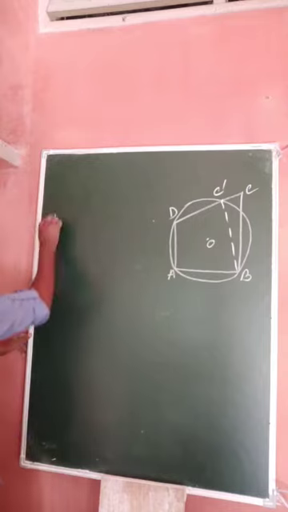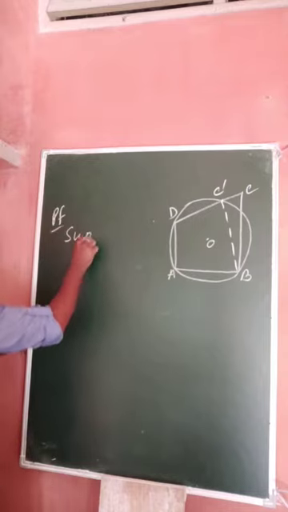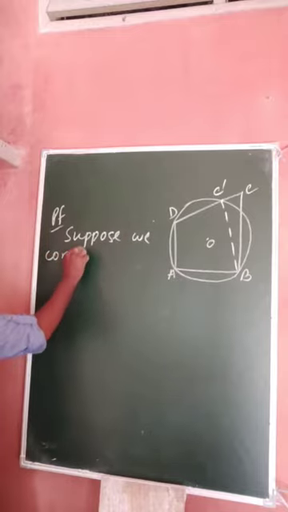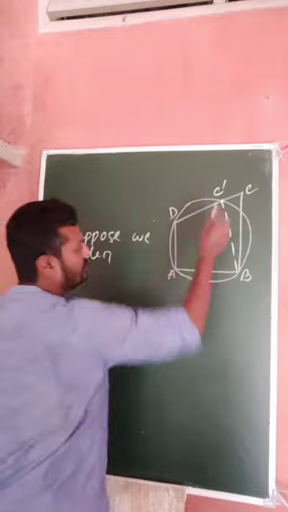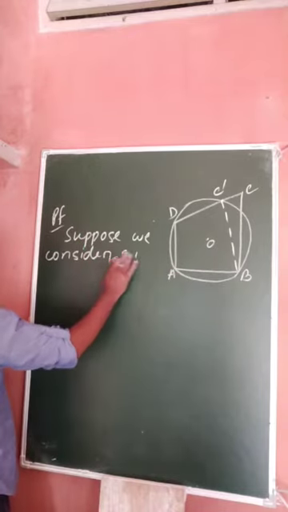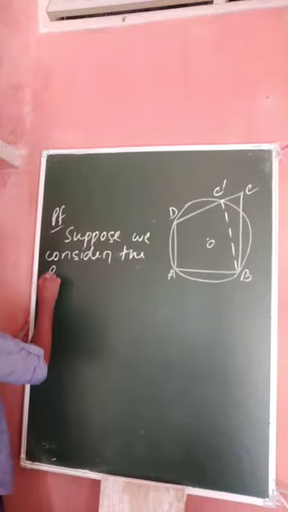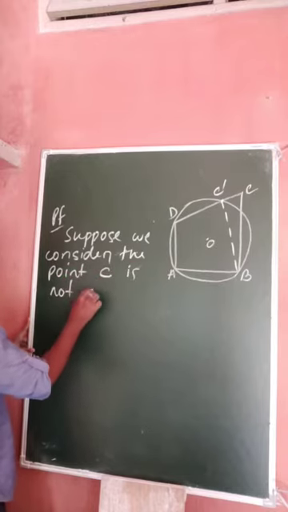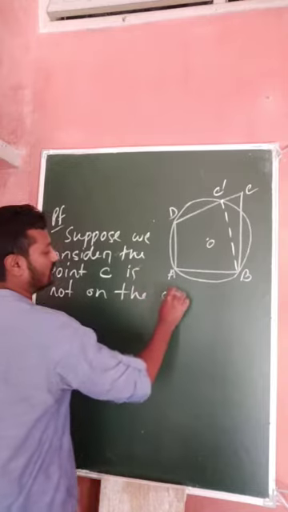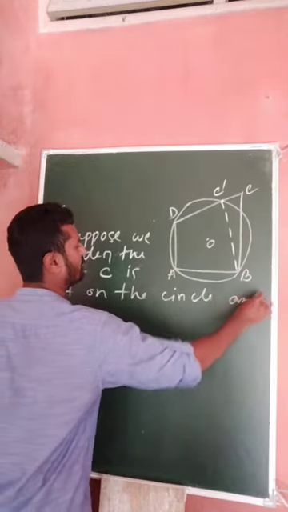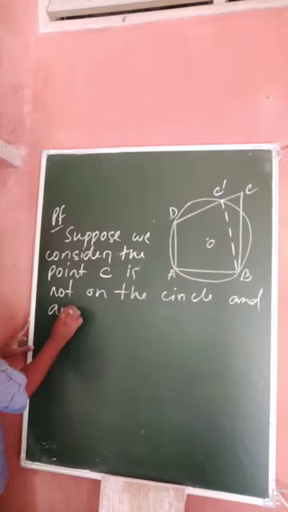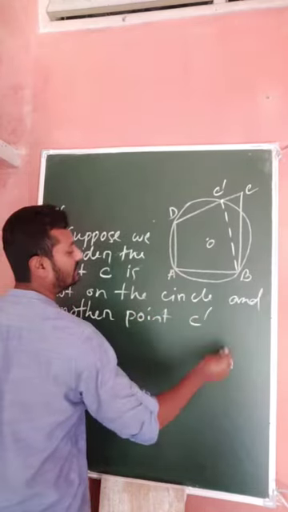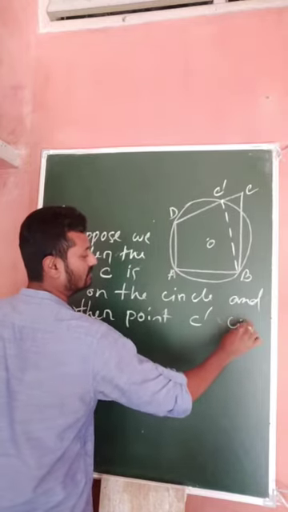Okay, proof. Suppose we consider this point C is not on the circle, and another point C dash lies on the circle.